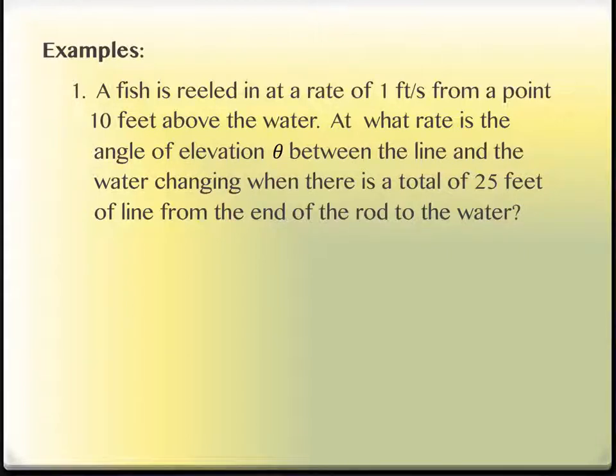At what rate is the angle of elevation theta between the line and the water changing when there is a total of 25 feet of line from the end of the rod to the water? I got glazed looks on everybody's faces. Even if you like fishing, you checked out, didn't you? This problem's not really all that difficult, but it looks massively confusing. It's very wordy.